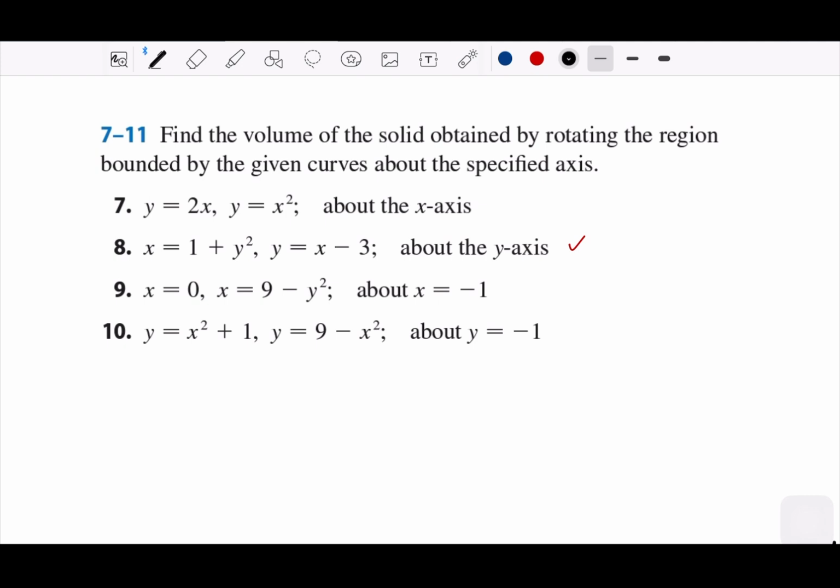Okay, so first, we could try to draw this number 8. So 1 plus y squared. It's y squared but shifted to the right.